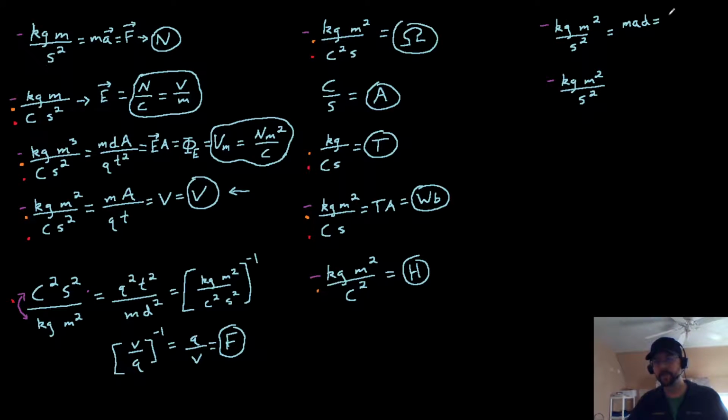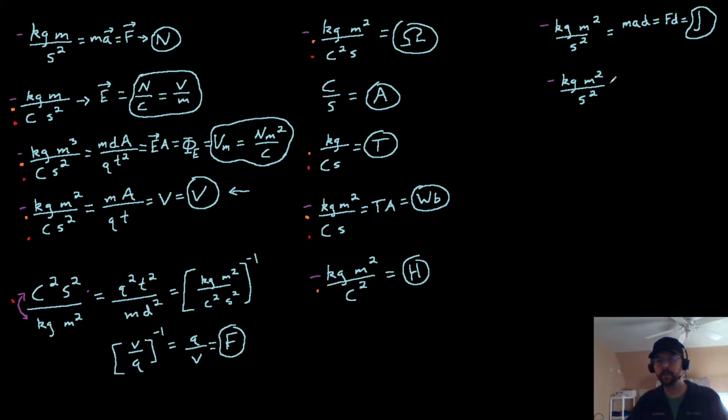Mass times acceleration is force, times distance. Force times distance, that's work. So we've now reached work or energy. The unit for those is the joule. This is like kilograms through an area per second squared. I don't know, it's just interesting to think of it that way. But anyway, this is what a joule is.